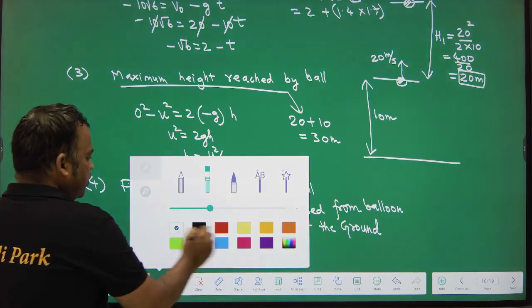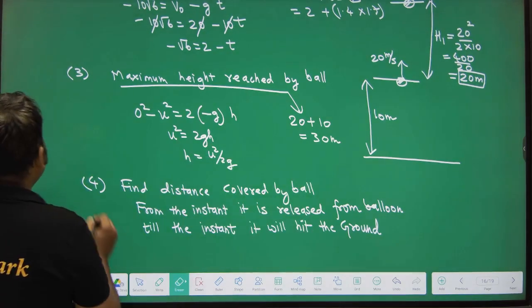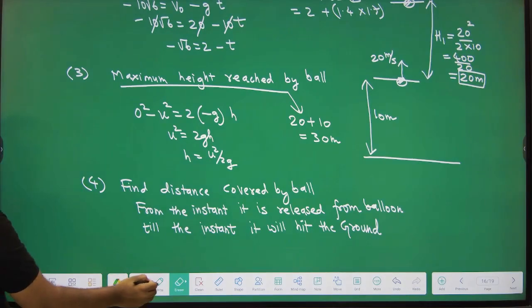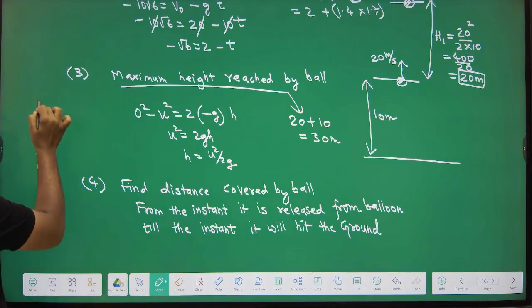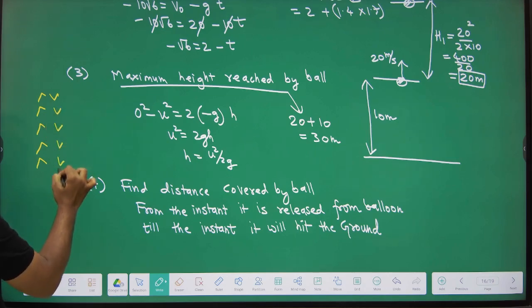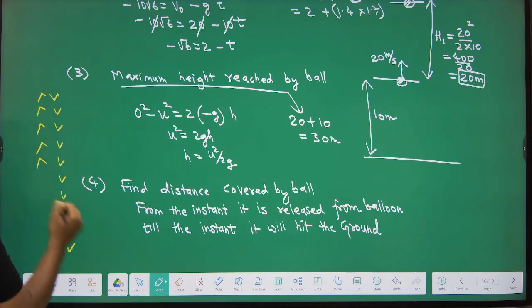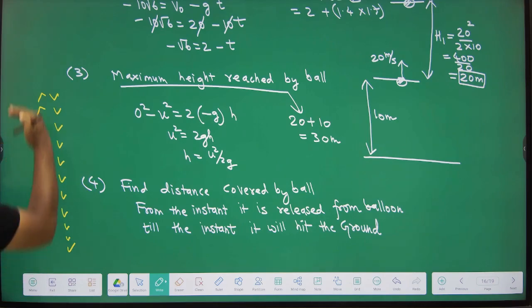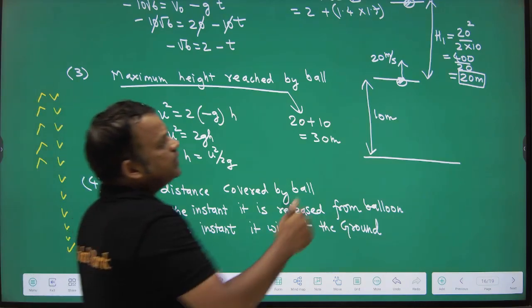So now we have found the maximum height reached from the moment it is released from balloon. The further how much it is going, we have found that it is 20 meter.